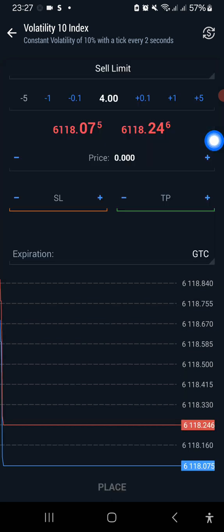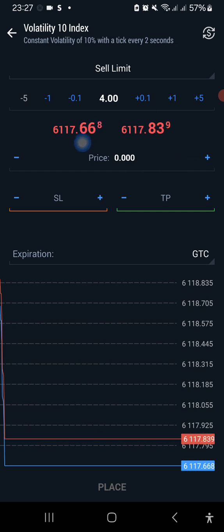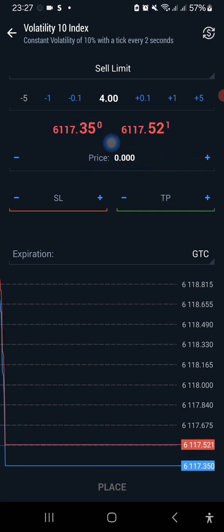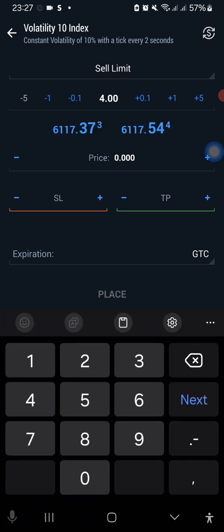When you try using a sell limit, Meta 5 will ask you what price you want to enter the market. So this is the price. We are going to enter the market at that price. The price is 6144. This is your stop loss, this is your take profit.